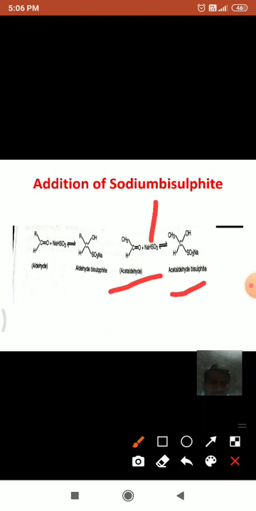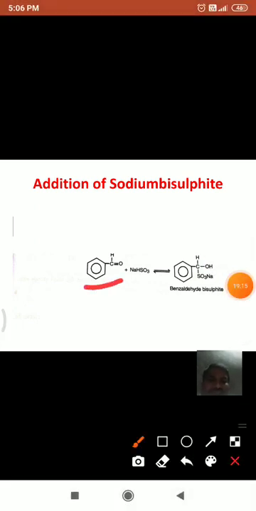It reacts with sodium bisulfite and forms the acetaldehyde bisulfite product. Then for example, this is benzaldehyde. Benzaldehyde reacts again with sodium bisulfite. It forms the benzaldehyde bisulfite product.